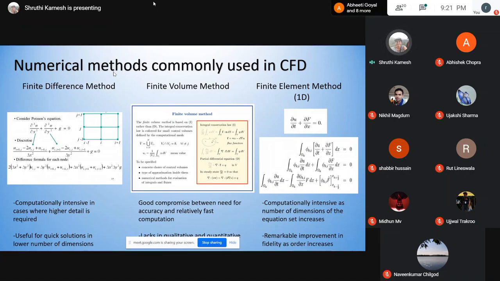Finite volume is, yeah. So basically, in finite volume you look at your flow in terms of flow properties which are averaged. Given this particular set of equations, I assume that my flow properties are constant across each cell, which means there is no variation within a cell or an element.